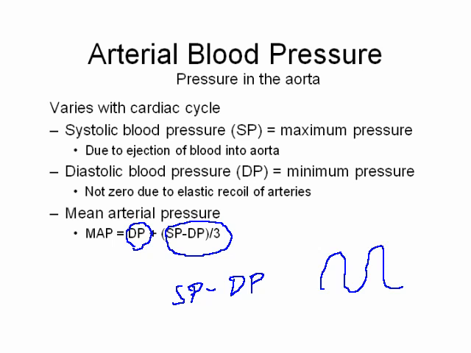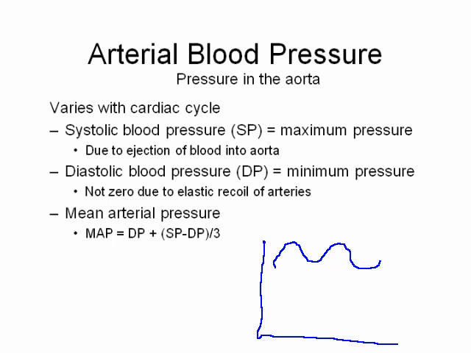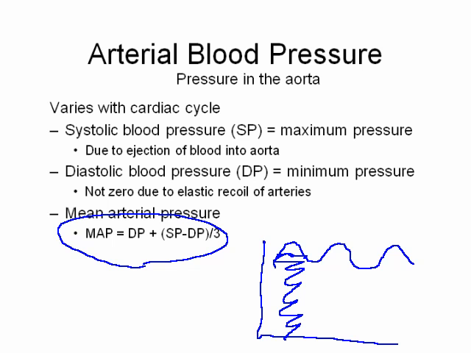If this is the pressure pulse wave, systolic minus the diastolic, dividing that quantity by 3 and then adding it to the diastolic pressure gives you, if this is a graph of pressure and blood pressure is going up and down around that, the best average of this total amount of pressure by calculating it this way.